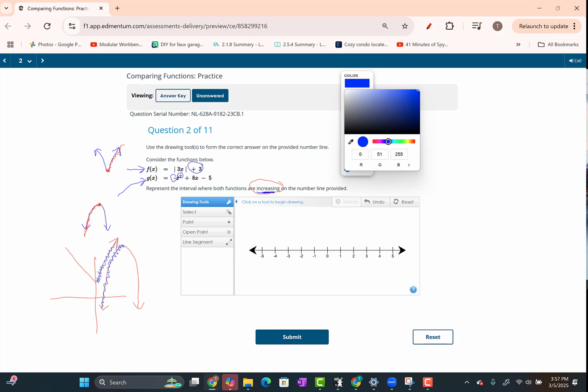So what x value does the increasing begin at? Well, it begins right here where it's happening for both graphs, right at the vertex of this V-shaped graph, which we can tell the x value for that point is just 0.